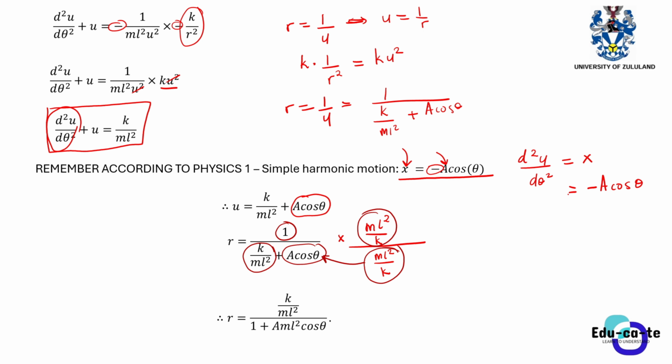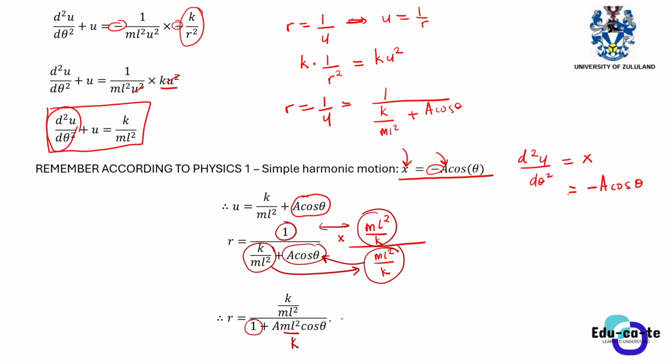So this will be r is equal to k over ml squared, which is just 1 times these two numerators, over 1 plus, if you multiply a cos theta with ml squared over k, you get a ml squared over k cos theta.